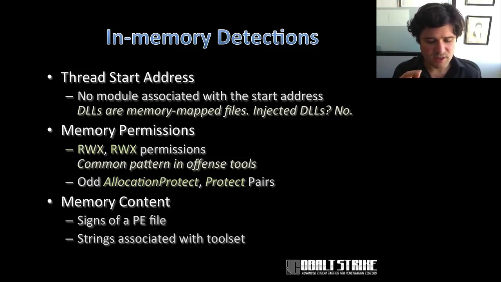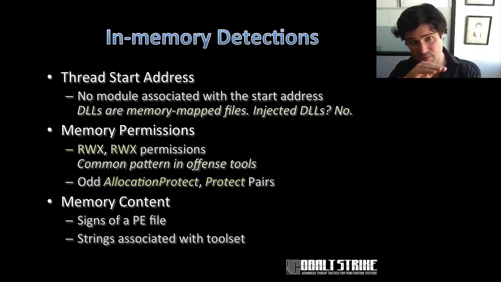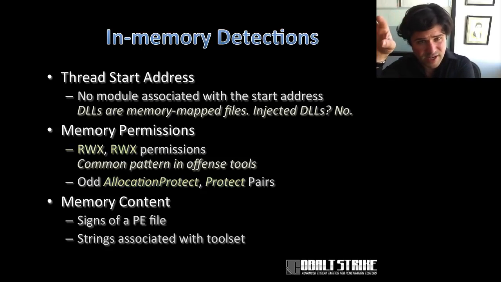The first has to deal with the start address associated with each thread in a process, okay? Let me give you just some quick background. When you run a program, what Windows is going to do is take the executable on disk and map that executable into the memory of the new process space, okay? So there's going to be a set of pages that are one for one what's in that executable.